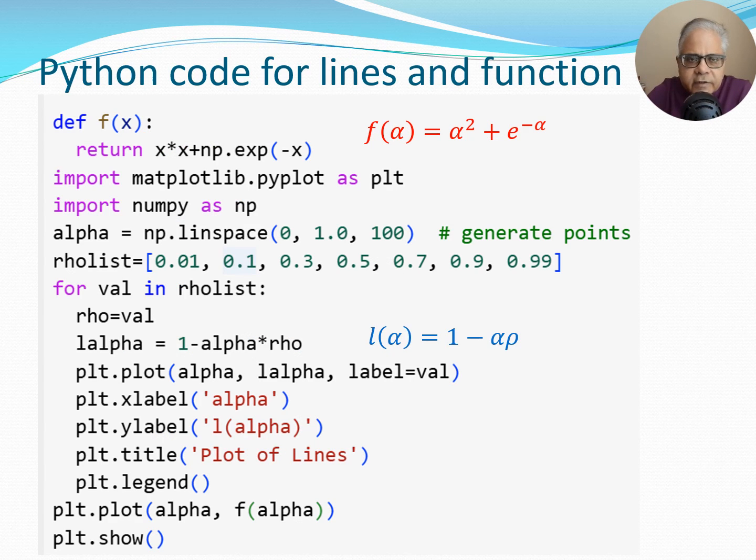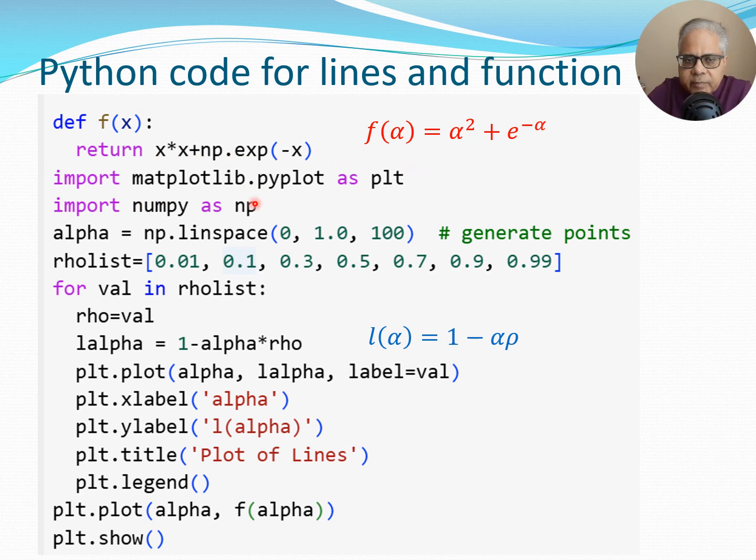So let us write a Python program to actually plot these lines. What I have done here is that I have first defined the function. The function is of course in the form x square plus e to the power minus x. Because I use exponential, I have to import numpy in the main program. And also I need to import matplotlib.pyplot as plt.